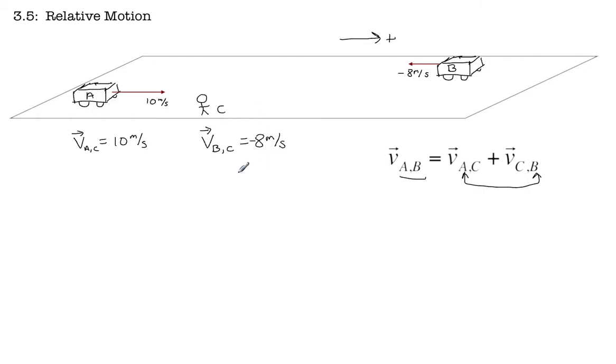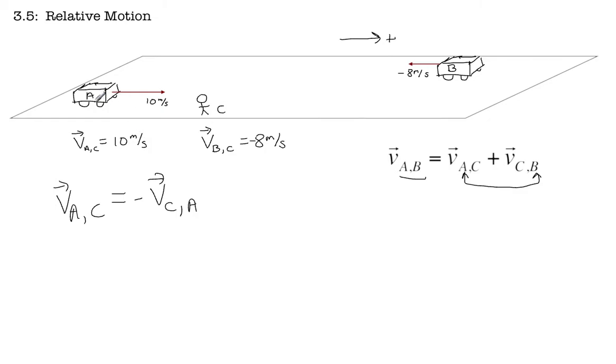Before we do that, another note is that the following is true. The velocity of A relative to C, which in this case is 10 meters per second, is equal to negative the velocity of C relative to A. In other words, when you flip these indices around, you're just adding a negative sign.